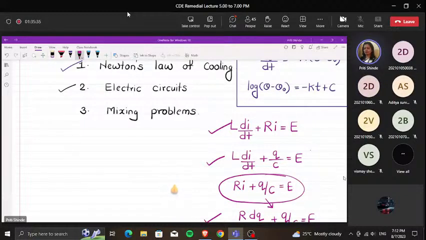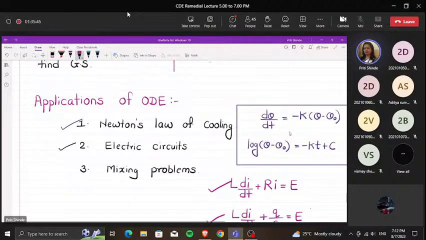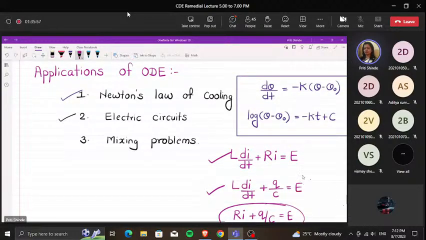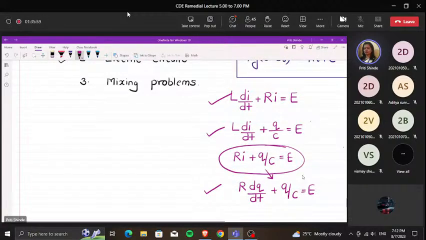So the last application: the mixing problem. A simple, very, very simple application. Like Newton's law of cooling, where your differential equation is ready and the solution is ready: log of theta minus theta 0 is equal to minus kt plus c. Similarly, for electric circuits, you have to select the suitable differential equation and find the solution.